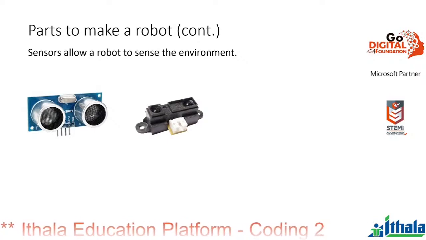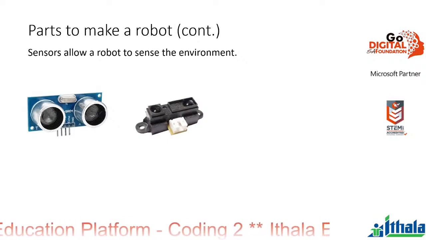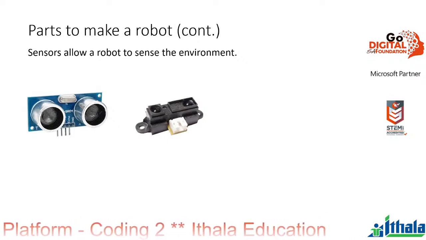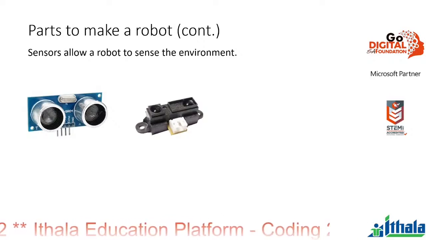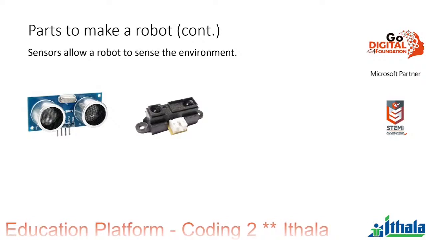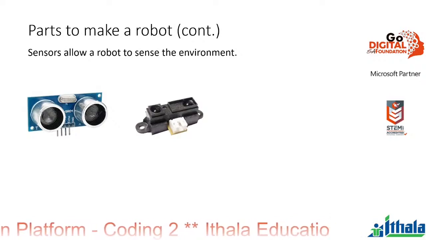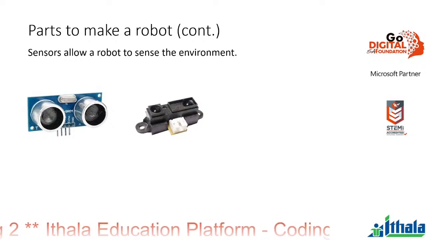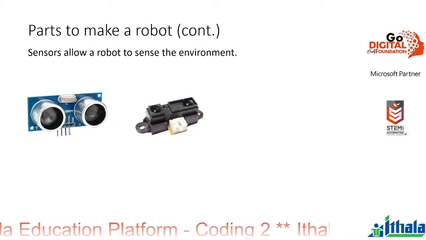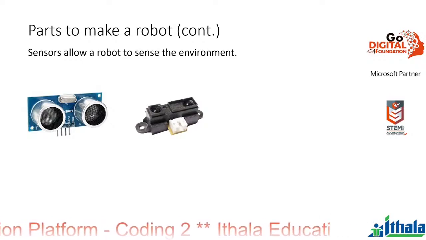Sensors allow a robot to sense the environment. Common robot sensors include the ultrasonic distance sensor, which allows it to determine how far it is from an obstacle, or a light sensor that detects a line that the robot needs to follow. There are many other sensors that can be used by robots to detect ambient light, temperature, sound, position, motion, magnetic fields, gases, and so on.